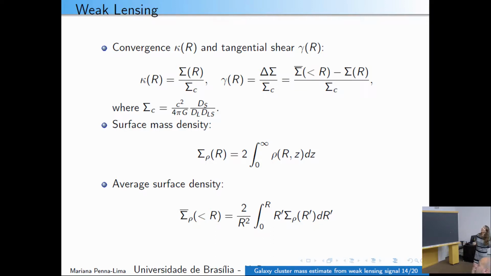And they are given by these expressions. So you can note here where the dependency on the mass density profile enters, and why you have to assume a mass density profile for your halo, your clusters.